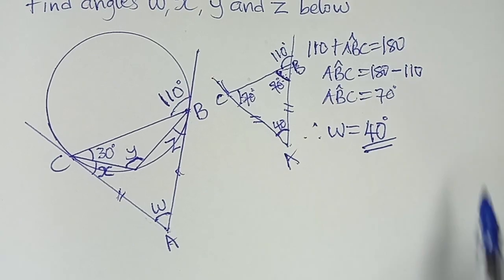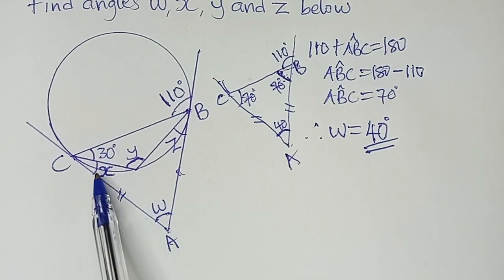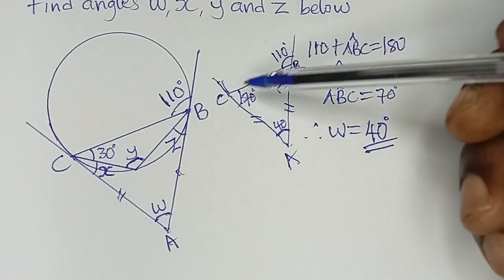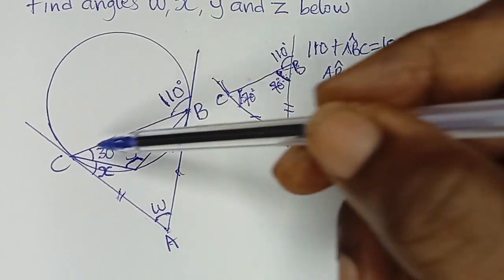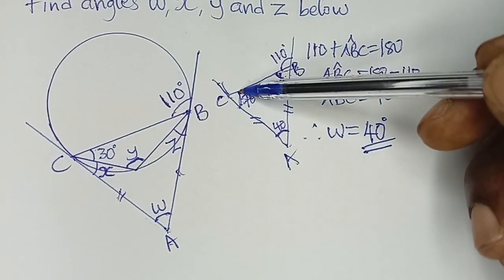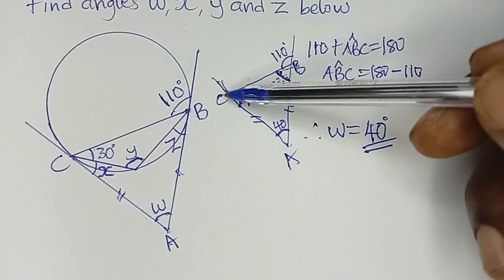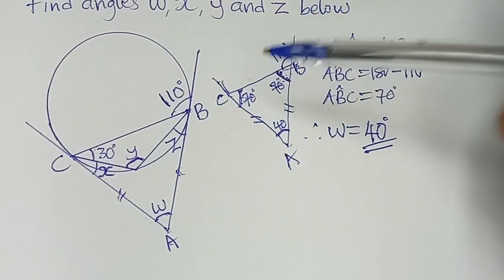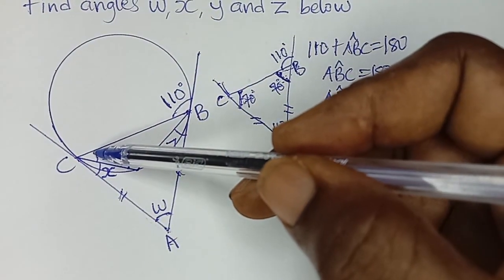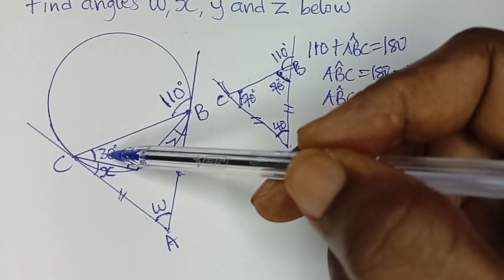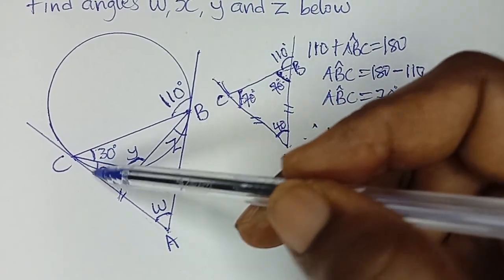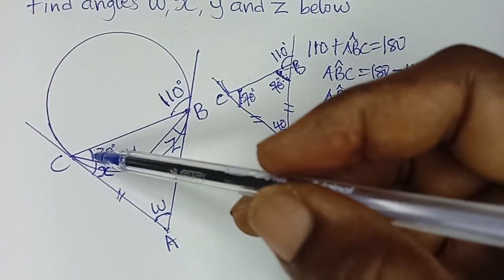So I'd like us to move to angle X. Looking at this diagram again, the whole of this angle at point C is 70. If this portion of the angle is already 30, the remaining part will be 70 minus 30.